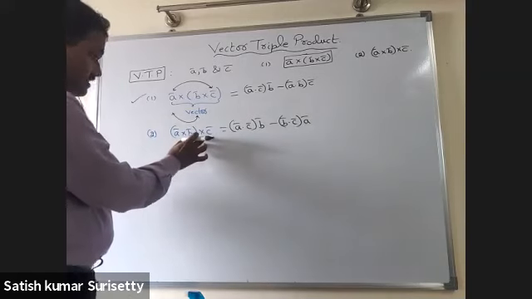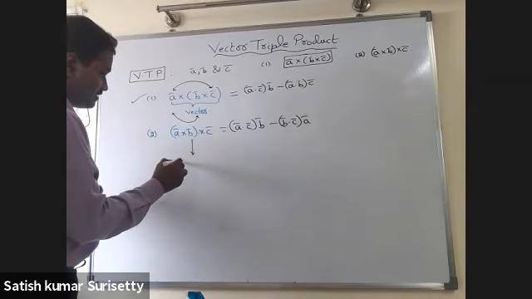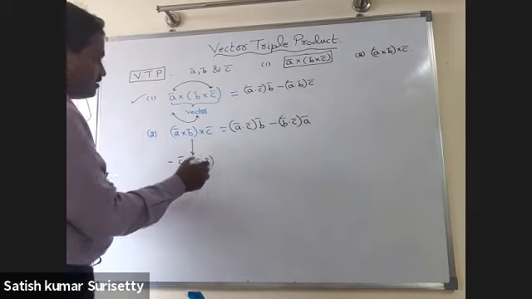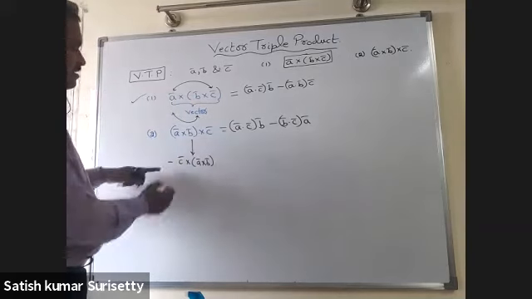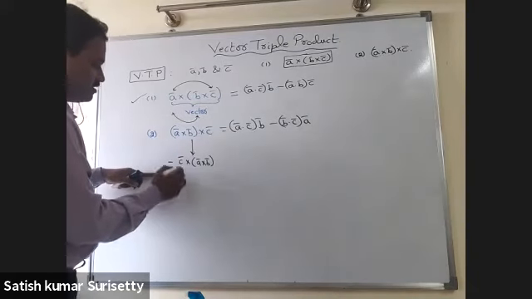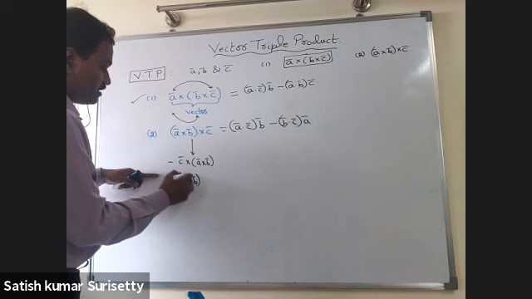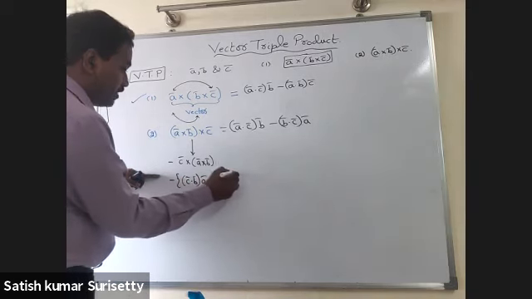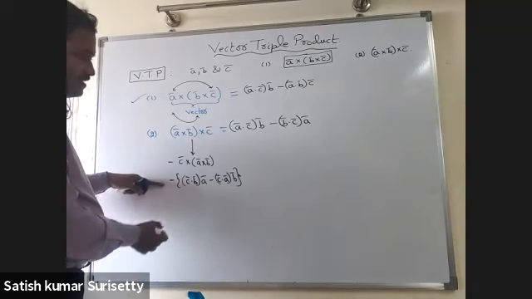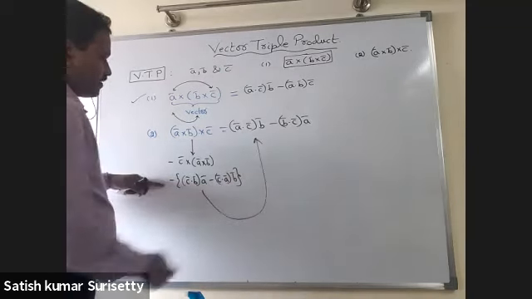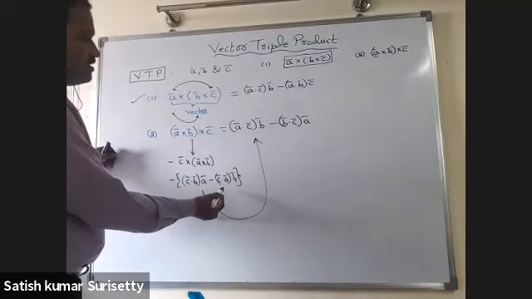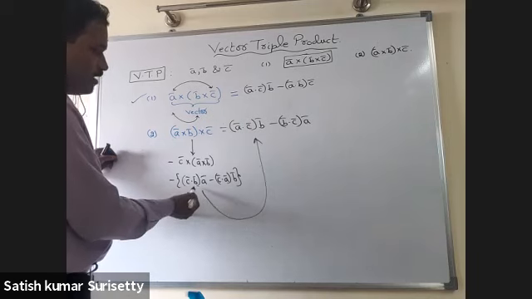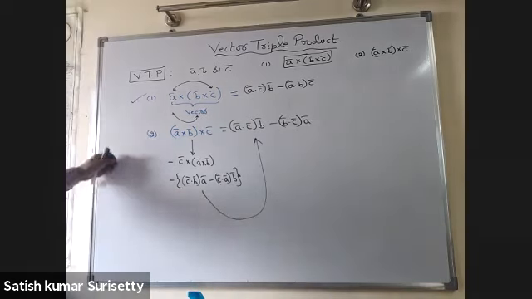If I interchange, then it will be minus C bar cross A bar cross B bar. Now apply the previous one. That is minus C bar dot B bar into A bar minus C bar dot A bar into B bar. Now take minus inside. Then it will be A bar dot C bar into B bar minus B bar dot C bar into A bar.